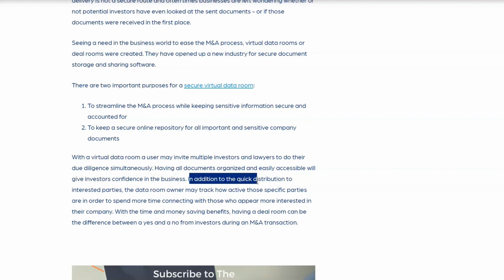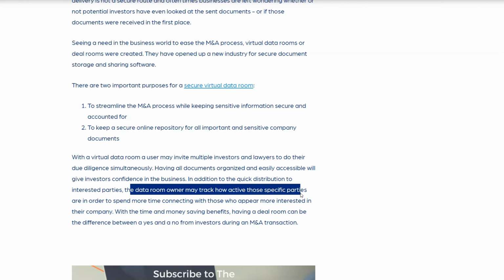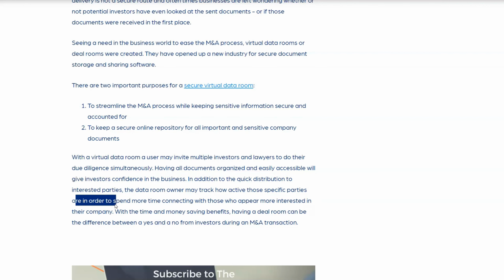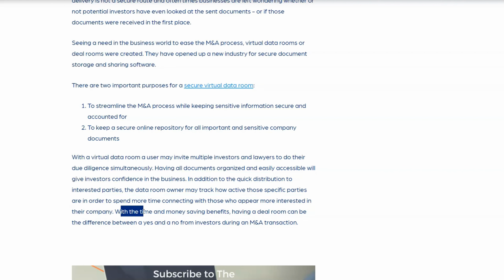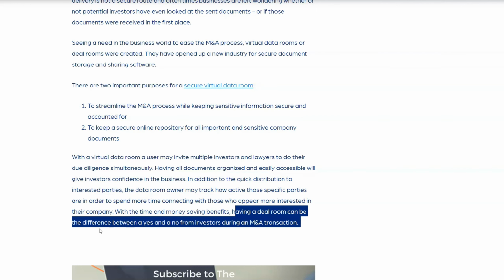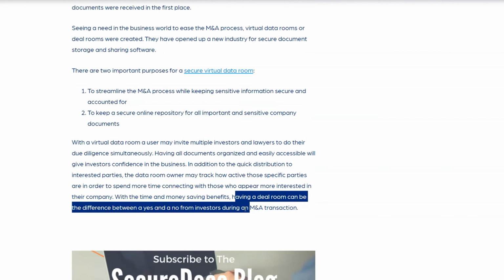In addition to the quick distribution to interested parties, the data room owners may track how active those specific parties are in order to spend more time connecting with those who appear more interested in their company. With the time and money saving benefits, having a deal room can be the difference between a yes and a no from an investor during an M&A transaction.